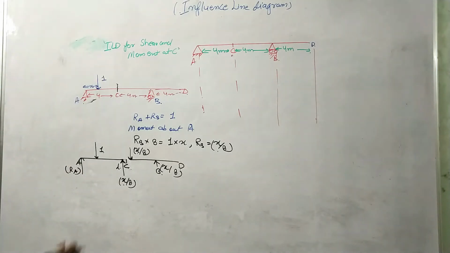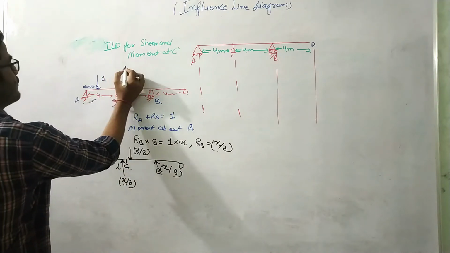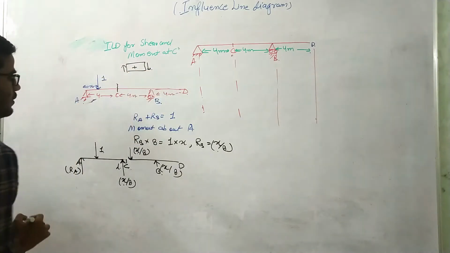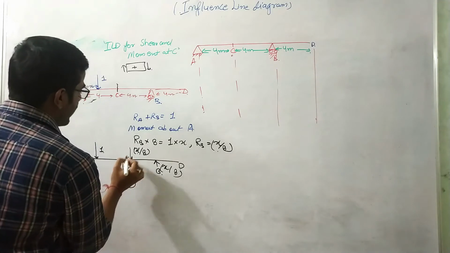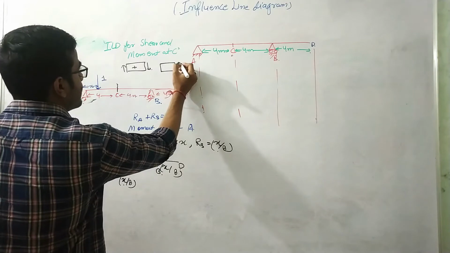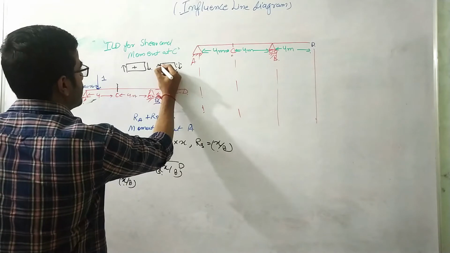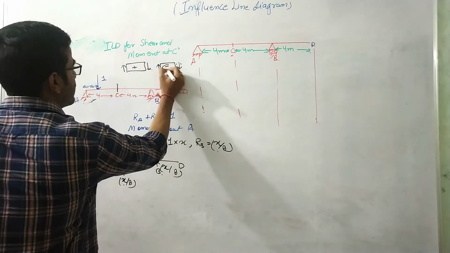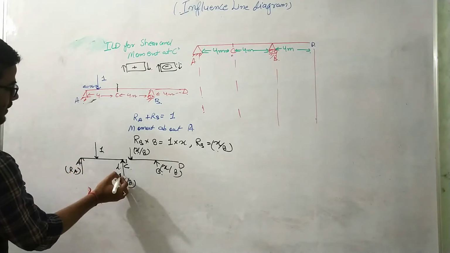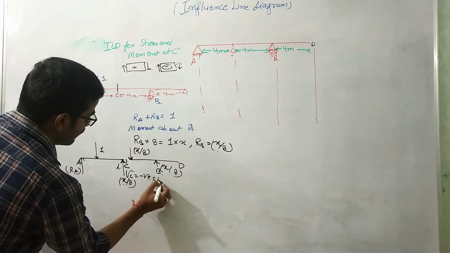So for our assumption, this is for the positive shear force, as we know that this is our positive shear force. But you can see over here the case is a little bit different. It looks like this: this is downward, and this is upward. So this is basically a negative shear force. So this force, this VC, is nothing but the negative shear force.